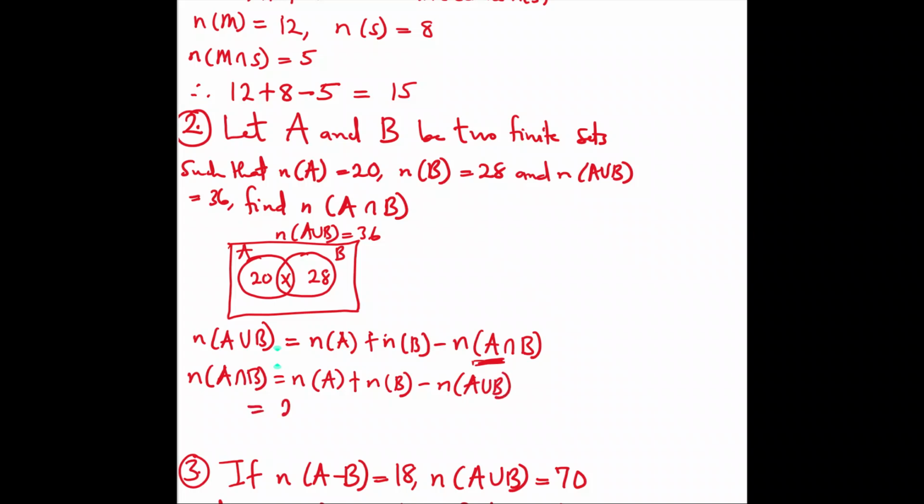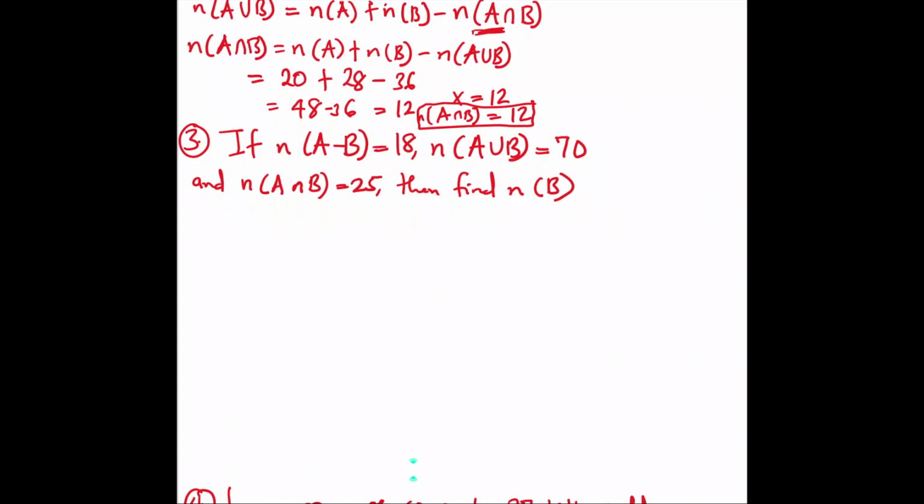So n(A) is 20, n(B) is 28, and A union B is 36. So 20 plus 28 is 48, and 48 minus 36, the answer is 12. So X is equal to 12. That's A intersection B. The number of A intersection B is equal to 12. Okay, so that's it for that question.